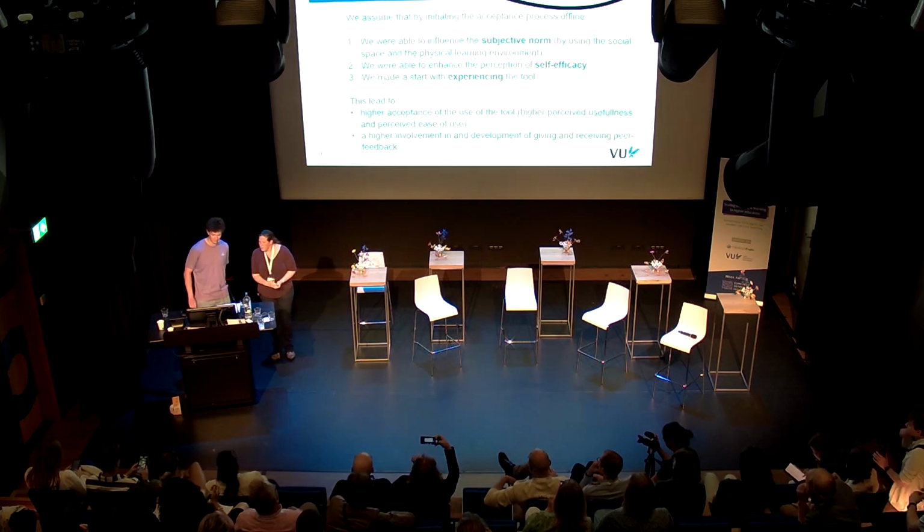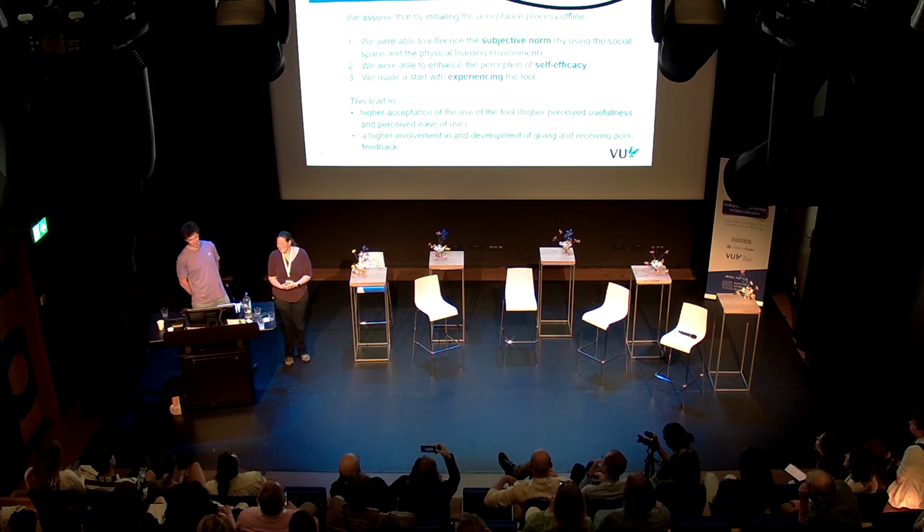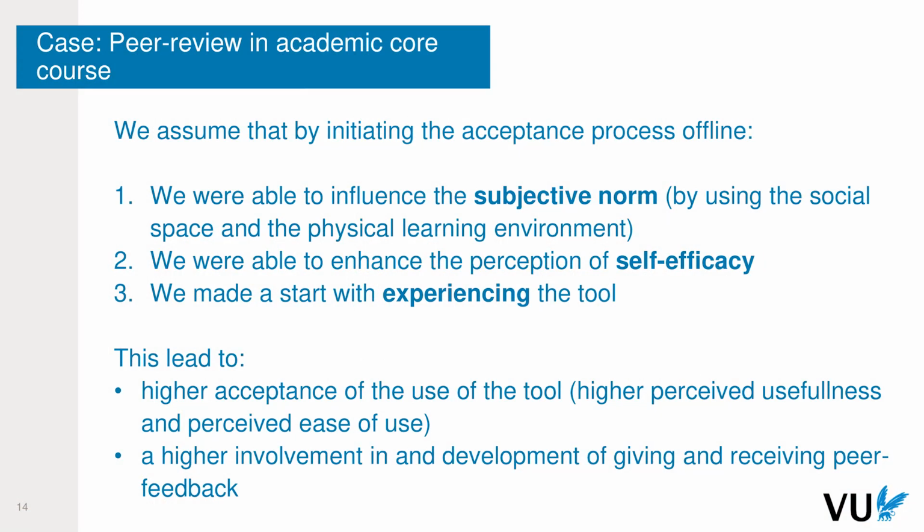Yeah. So if we look back at the case we introduced in live class, we assume, we cannot know, sadly, that we were able to influence the subjective norm, which we were talking about in the technology acceptance model, by using the social space and having the physical learning environment.